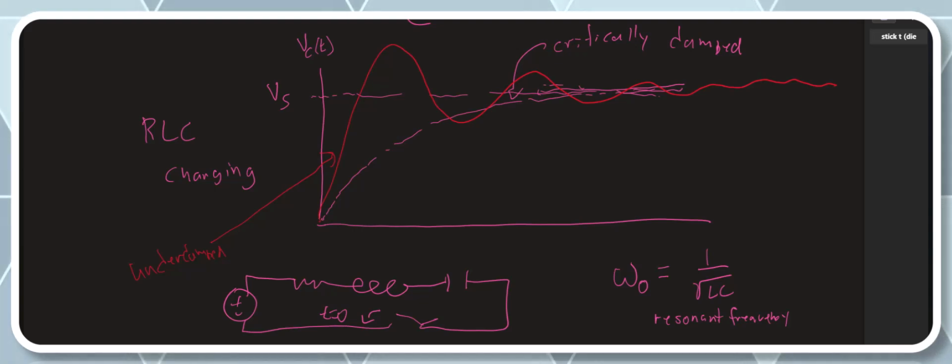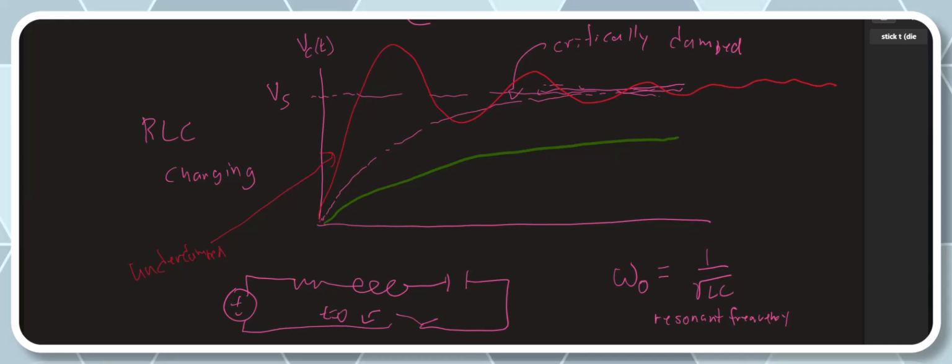And then you also have overdamped. If I just gave you this picture of the overdamped and didn't give you anything else, you'd be hard pressed to say whether it's overdamped or critically damped, because you don't really know where Vs is or whether that's the fastest way.